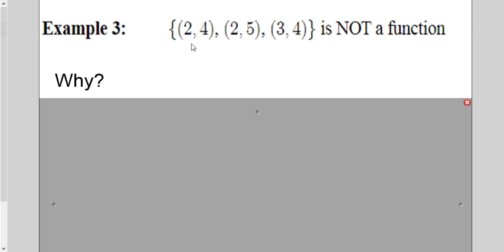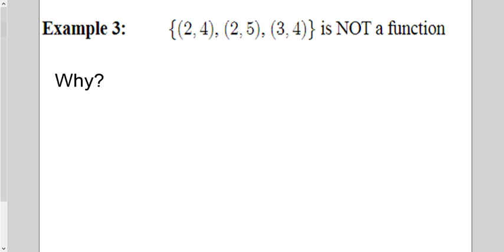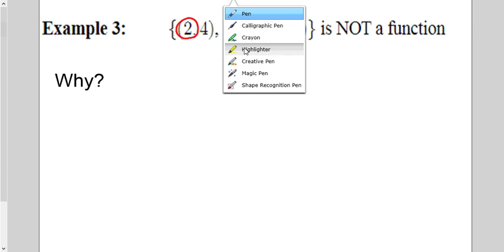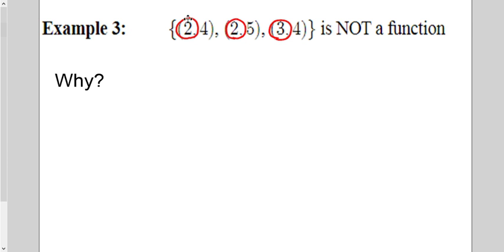Here you see the relation given to us, and it's three ordered pairs, and we're saying this is not a function. Why? Well, let's look at our x values. This is a 2, this is a 2, and this is a 3. Now, basically, because these repeated, we have to look closer.